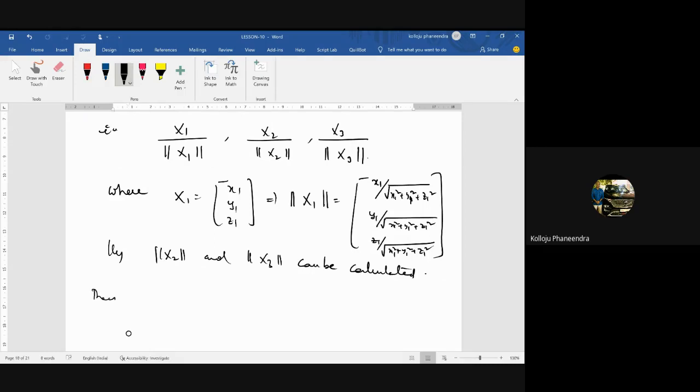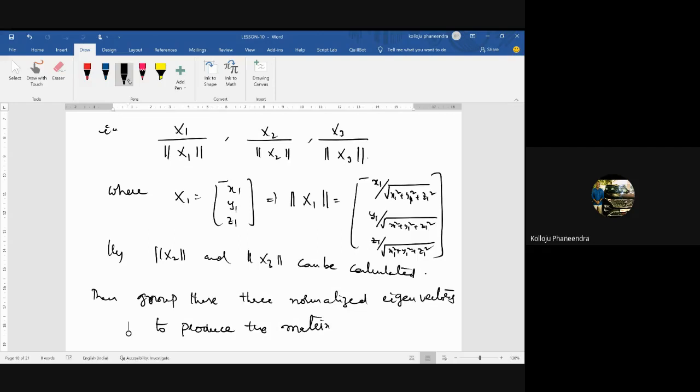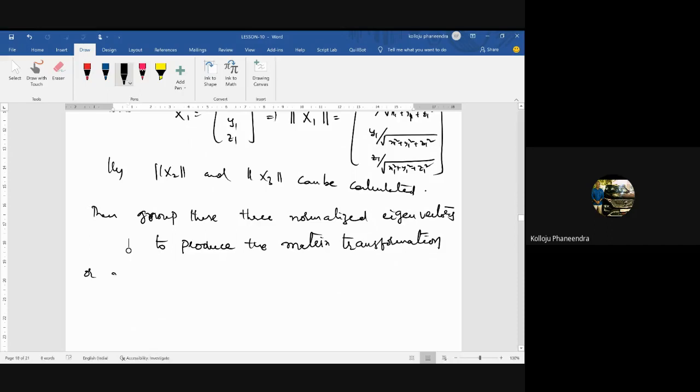Then group these three normalized eigenvectors to produce the matrix transformation, which is also called the model matrix P. What does P stand for?